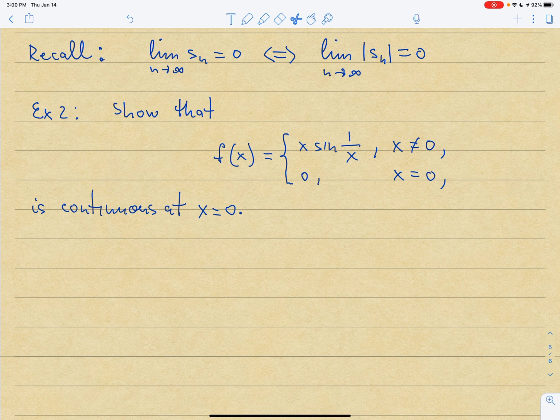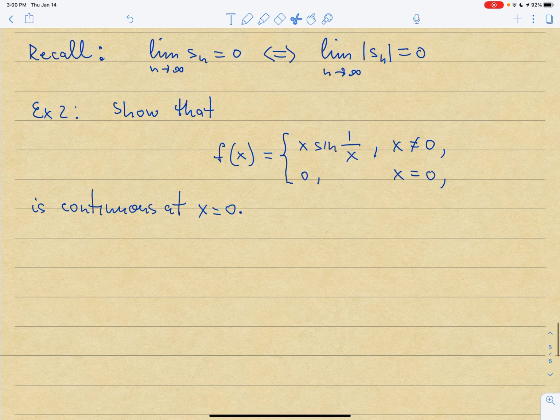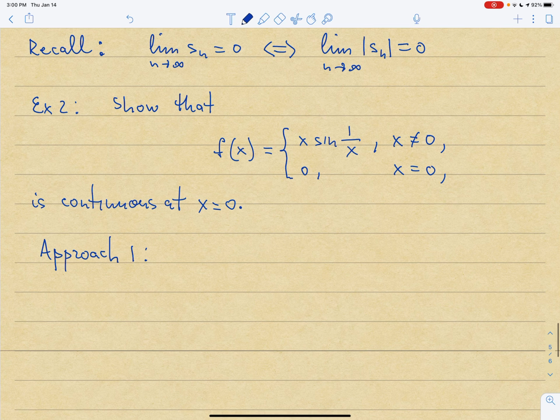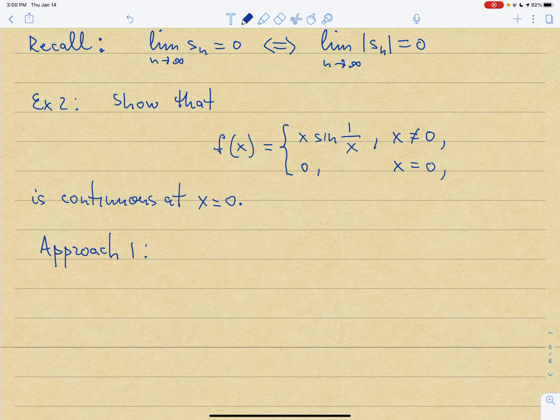And once again, we have a couple of approaches that we can use. Approach number 1 is to use a sequence definition of continuity. So for that, I will need to take a limit.